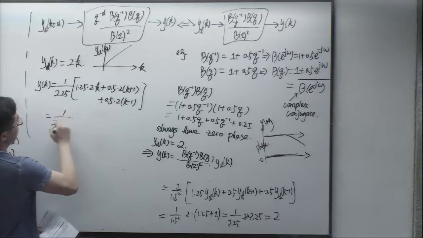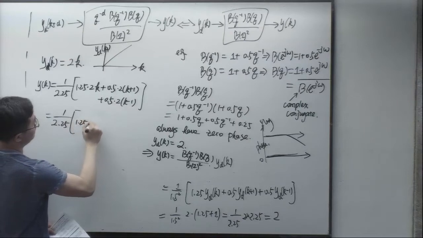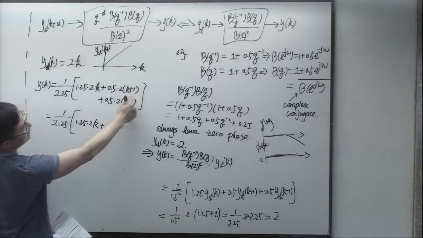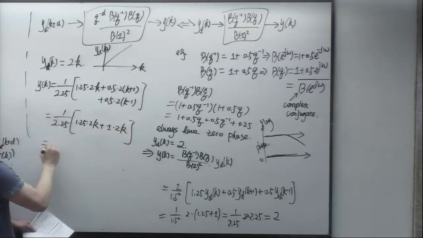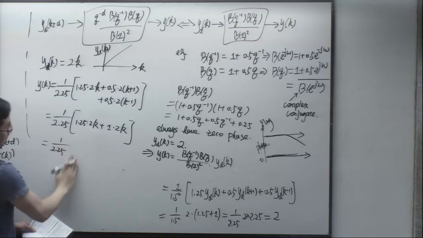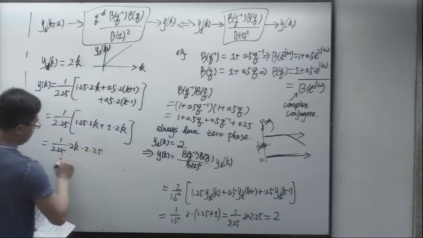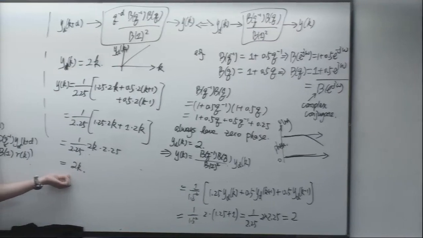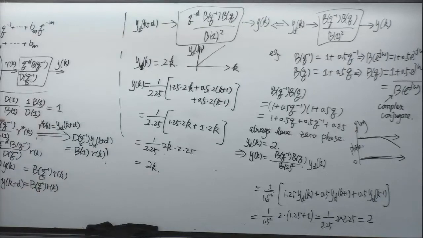Then you're going to get 1.25 times 2k plus, this negative 1 and positive 1 cancel out. You're going to get plus 1 times 2k. And then the result is 2k times 2.25. So for a ramp signal, you also get perfect tracking with this type of design, which is not true if you just use this.